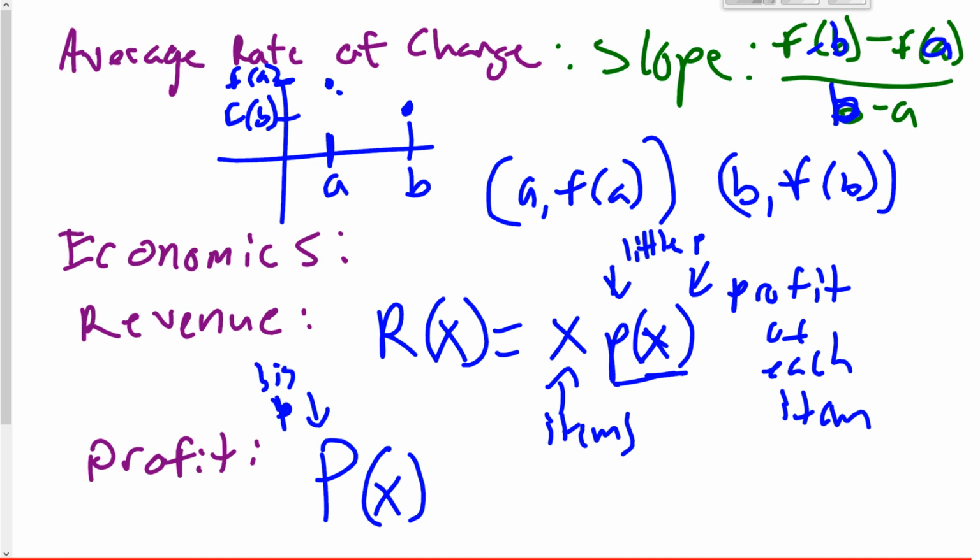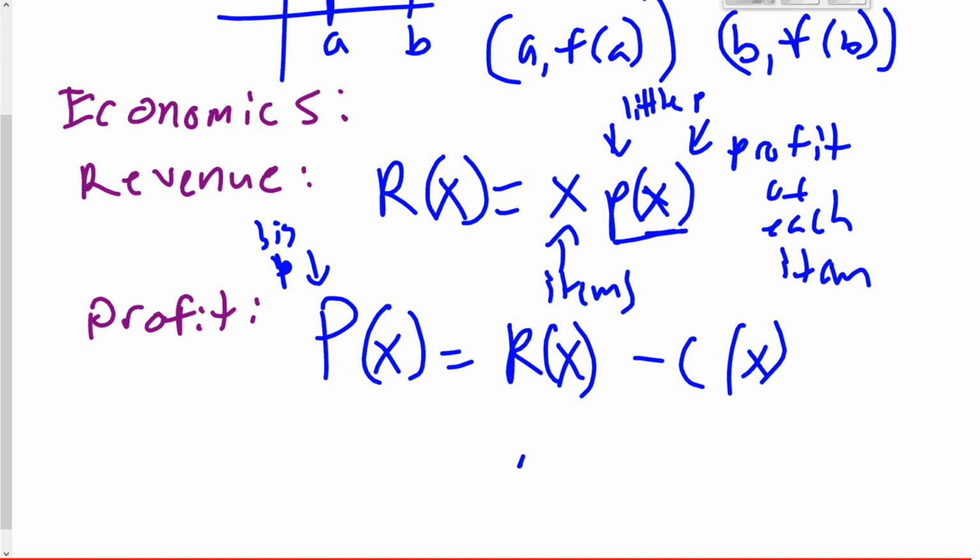The total profit is taking my revenue minus the cost. Revenue minus the cost, and now we'll get my profit.